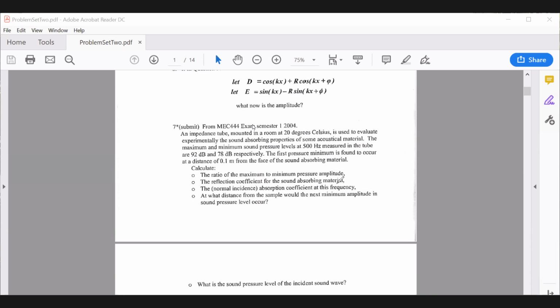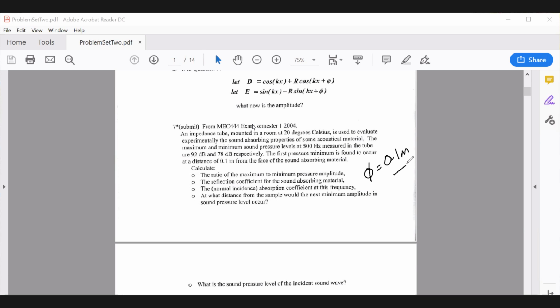Let's assume that the diameter of the tube is equal to 0.1 of a meter. Sorry about that. So the diameter is equal to 0.1 of a meter. Let's just assume that.